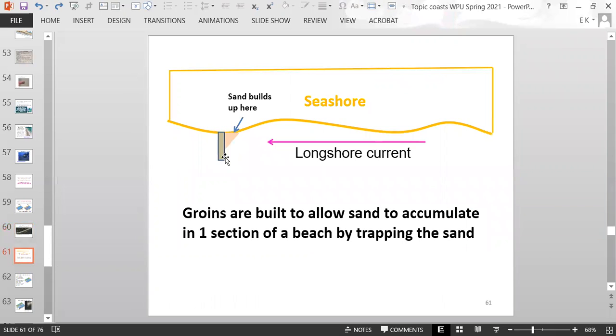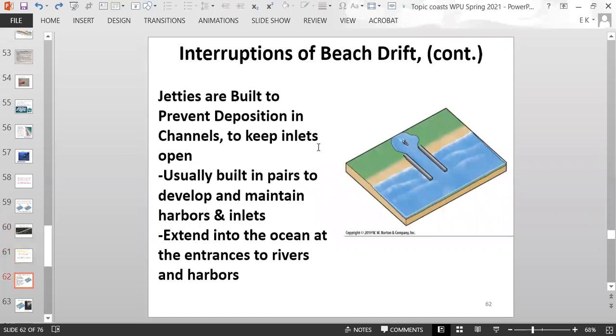Okay, so again, groins are built to allow for sand to accumulate in one section of the beach. It interrupts that movement, and then you have sand buildup. Now, jetties are built to prevent deposition in channels. So it allows you to keep an inlet open.